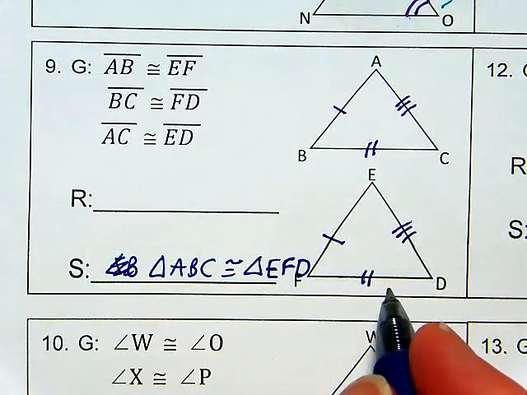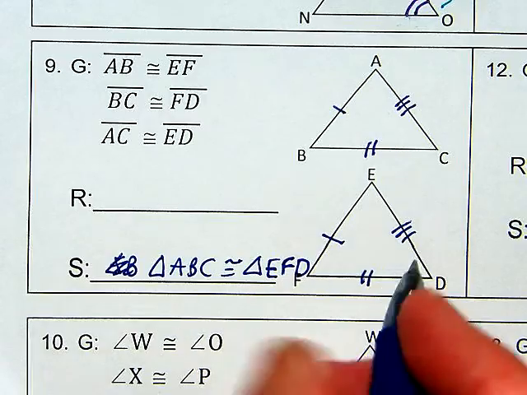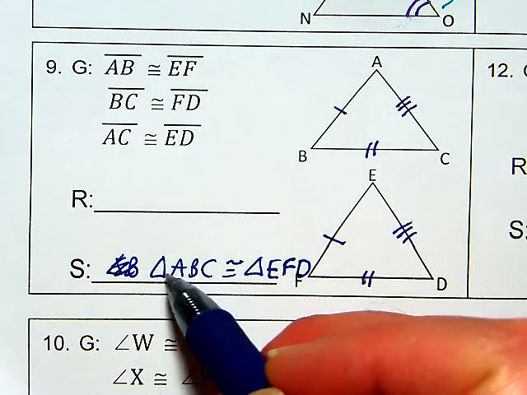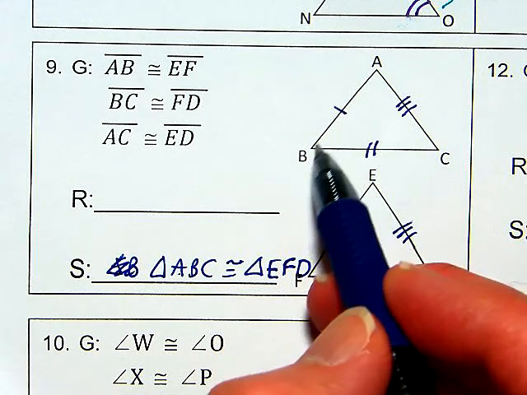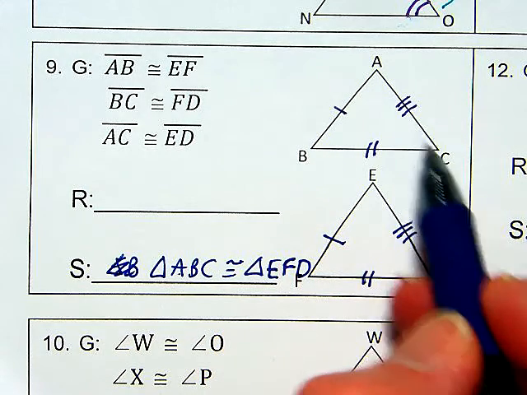Now, another way you could have done it is by looking at what sides include the angle. In other words, what are the two sides on either side of the angle? Angle A is surrounded by the single mark and the triple mark.